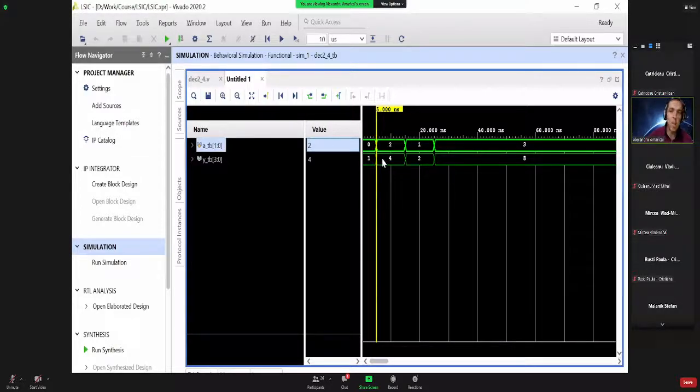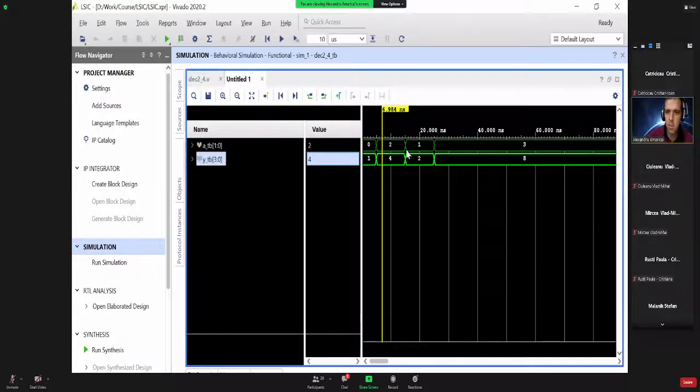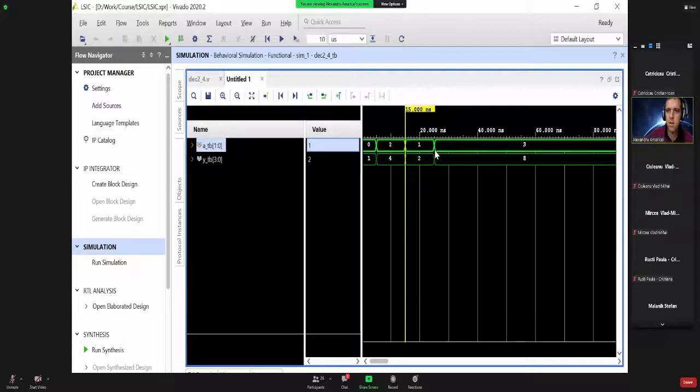The same here, and here. So this is about combinational circuits modeling. I will give you some examples on the virtual campus.